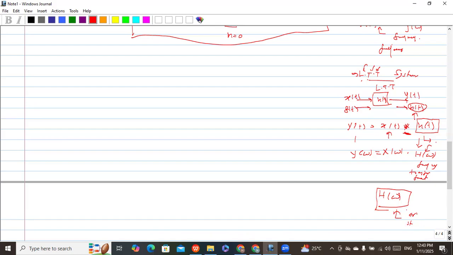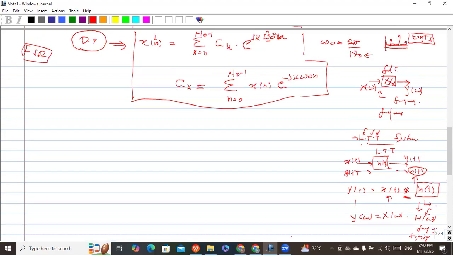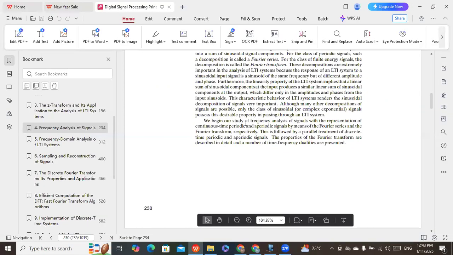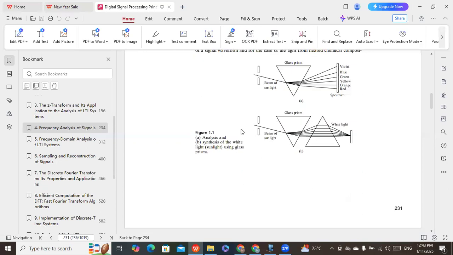Those are normally defined in this H(omega). So that is important. This frequency domain analysis, the details are here.